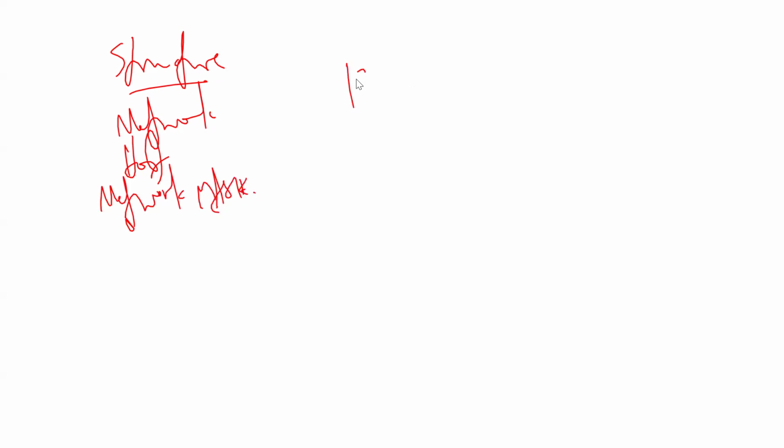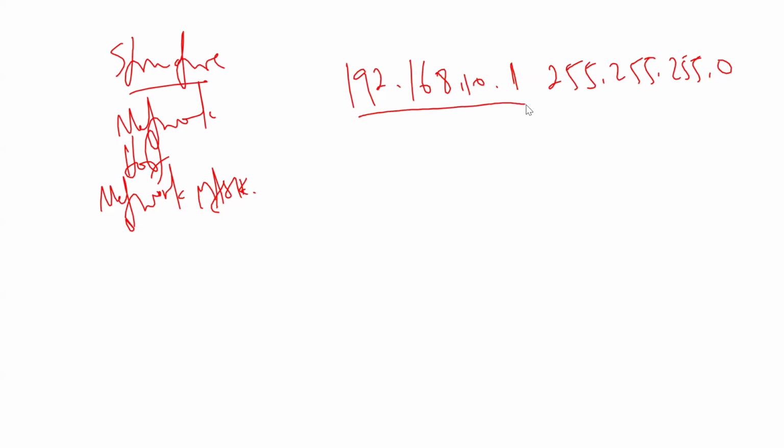So if I take an example of this network, you see the representation in something like this, 255.255.255.0. So what you're looking at is an IP address, this one, and this is the mask.